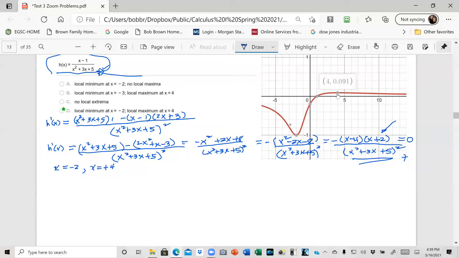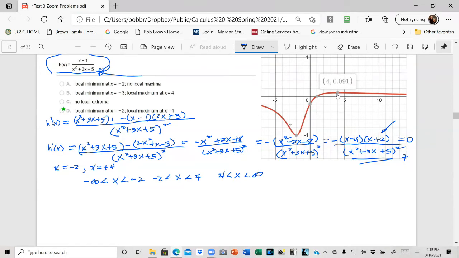We're going to divide the x-axis into x from minus infinity to minus 2, x between minus 2 and 4, and then finally x between 4 and plus infinity.